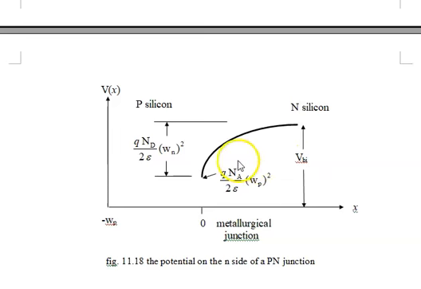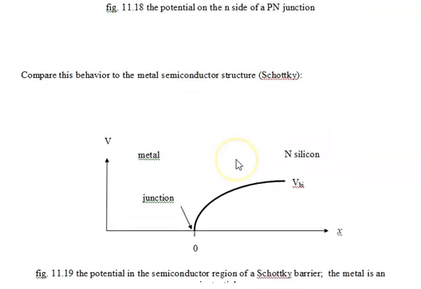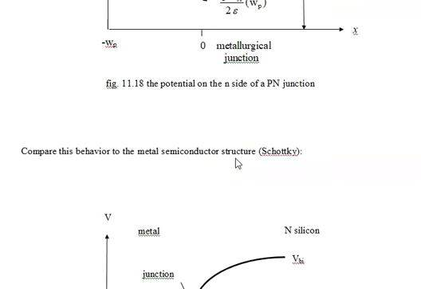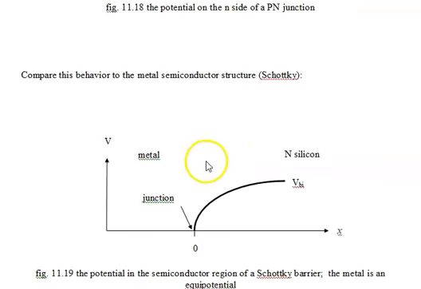Now if you look at the Schottky, this is an N-type Schottky, again, voltage, not electron volts, not energy, but voltage. So the N side bends down. It pains me to say that, but that's true if we're talking about volts and not energy.